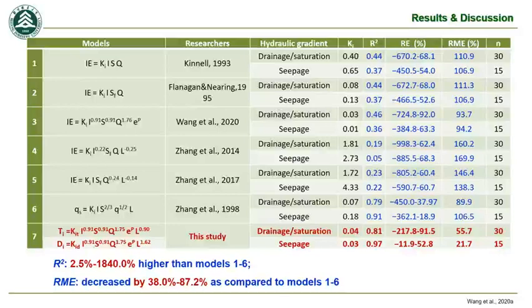The values of RME decreased by 38% to 87%. It indicates that the provided equations have the potential to predict the slope length affected and also the near-surface hydraulic gradient affected interior erosion processes.